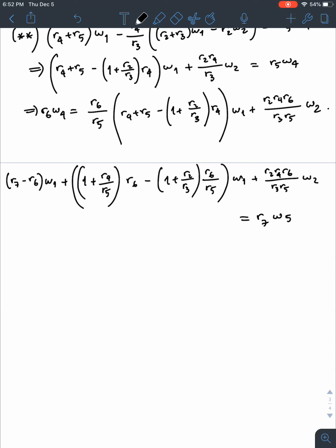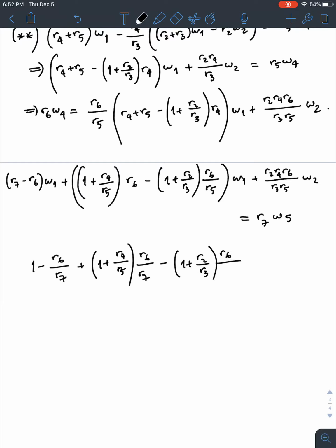So it's going to look like minus 1 minus R6 divided by R7, I just divided this thing by R7, plus 1 plus R4 divided by R5 times R6 by R7 minus 1 plus R2 divided by R3 times R6 divided by R5 R7, everything times omega 1 plus R2 R4 R6 divided by R3 R5 R7 times omega 2 equals omega 5.